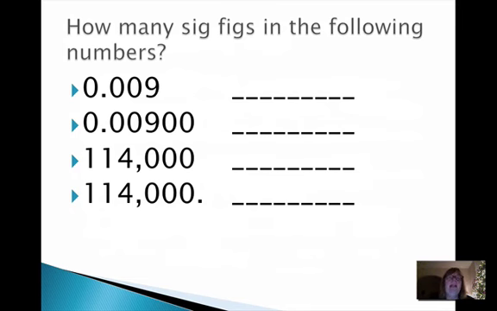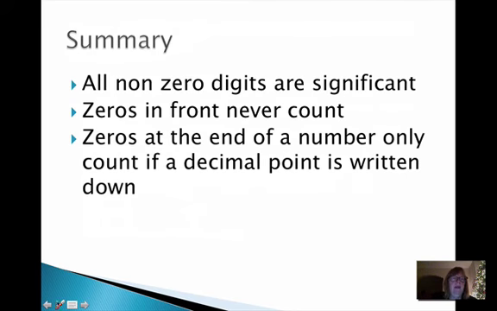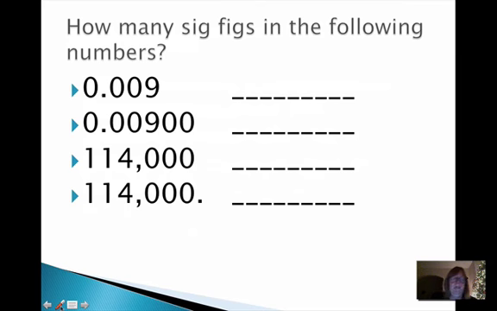Okay, so let's practice. How many sig figs in 0.009? Never ever count the zeros at the beginning of a number. They don't count. They're just holding the decimal place. So in this one, there would be 1 sig fig. Here, these zeros do not count. They're at the beginning of the number.